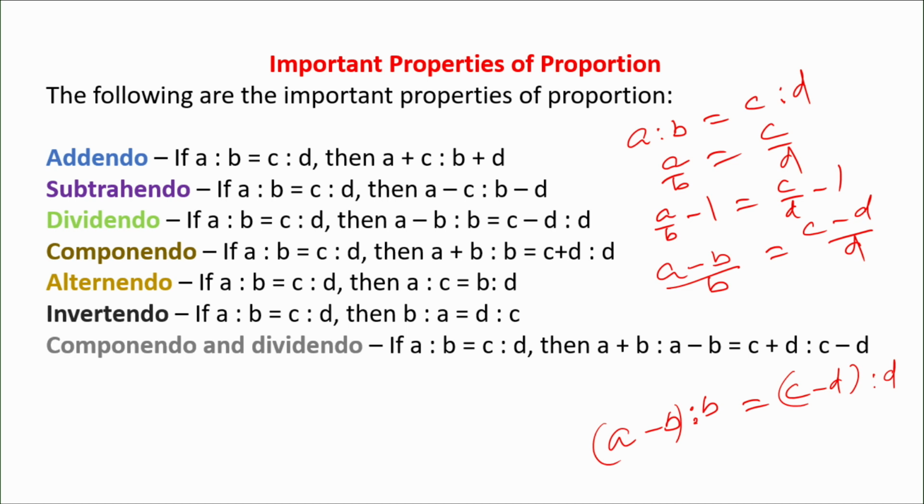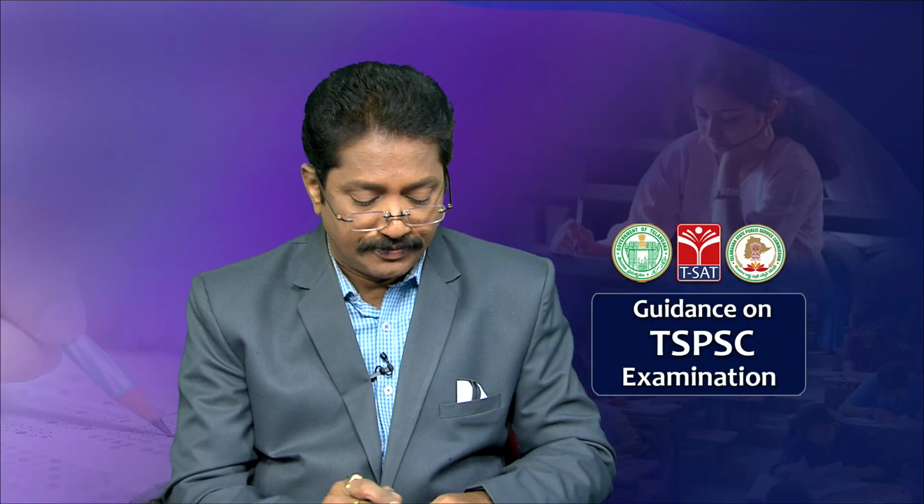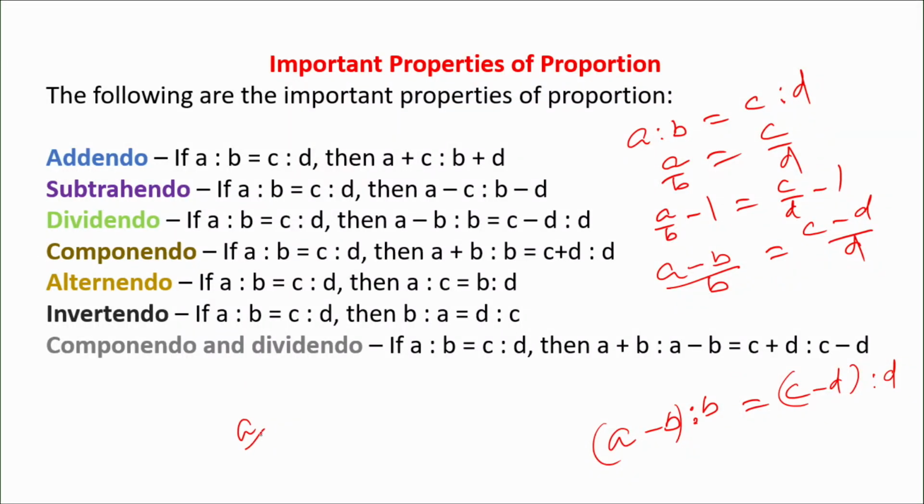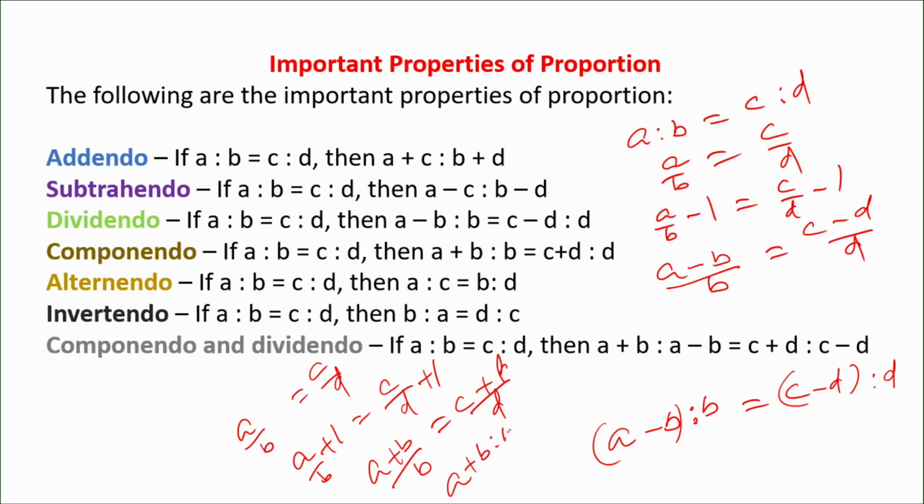Componendo means here you add 1 to it: A by B is equal to C by D, add 1, A by B plus 1 is C by D plus 1, that is A plus B by B is equal to C plus D by D, or A plus B is to B is equal to C plus D is to D. That is it, clear.